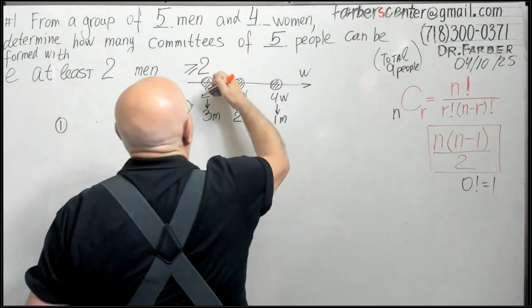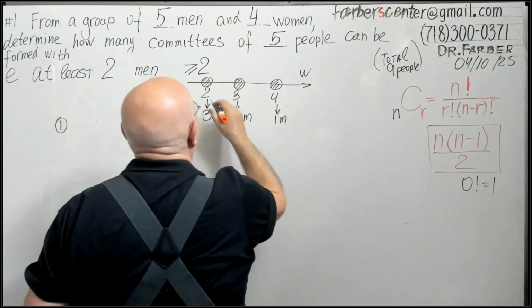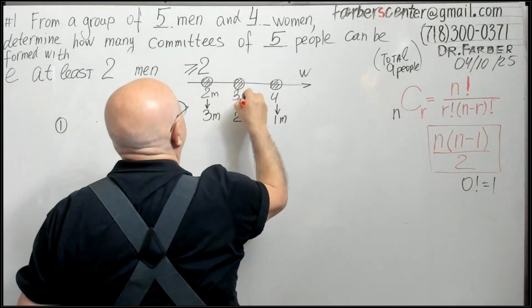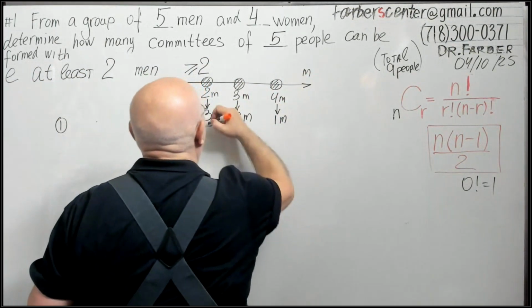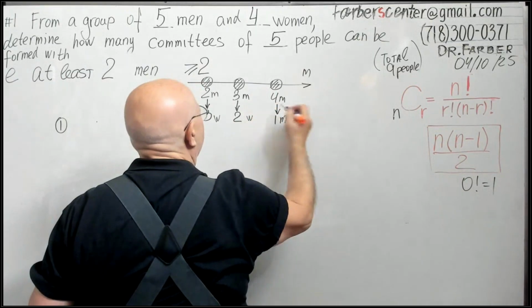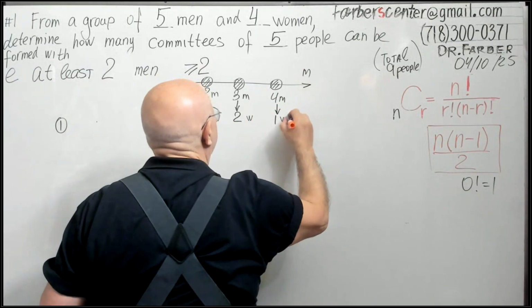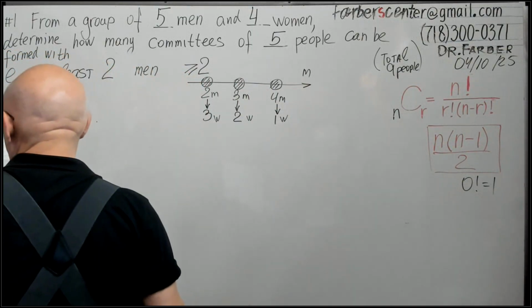I will make an adjustment. Why? Because in another problem we have something around women. This is man, man, man, man, and this is women, women, and women. Now it's correct. Just read carefully what they ask you. E. At least 2 men.